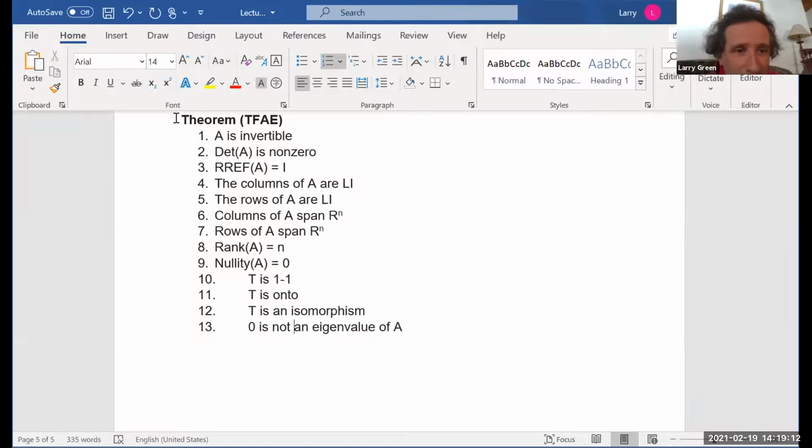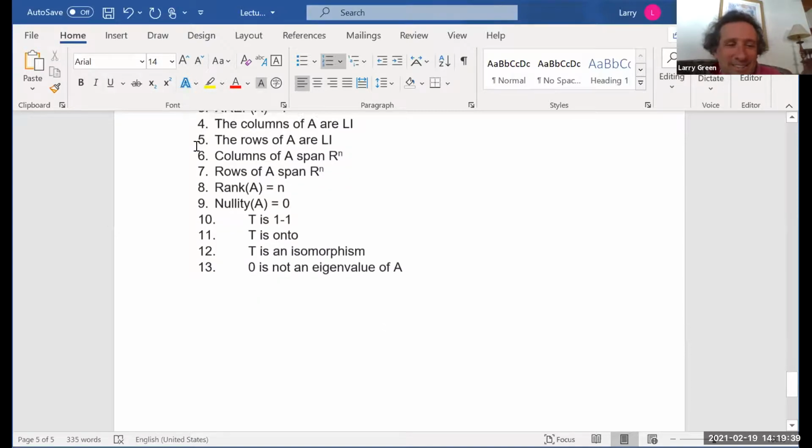That was number 2. So you need it to be non-zero. If 0 is not an eigenvalue, that means the determinant must be non-zero. So that's kind of a proof right there. Any questions on the newest TFAE entry? I don't know if you remember when there were just 2 of them. Now it's starting to grow. Any questions at all on this TFAE?